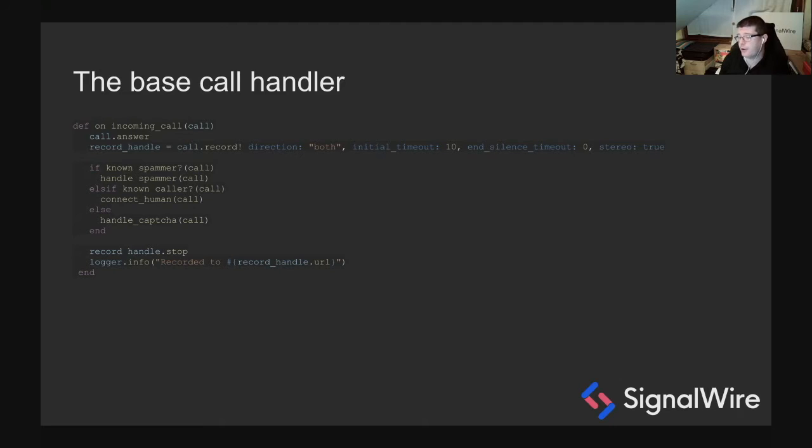Not answering the call might trigger some weird behavior if you play media before the call is answered. Most of the other events, including record or gather or really anything else, will answer the call for you, but I answer it just in case. So don't rely on the fact that the following line, which I'll explain in a second, will answer for you. Just answer the call.